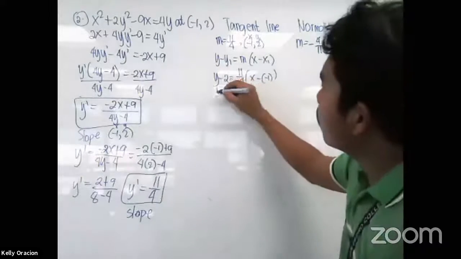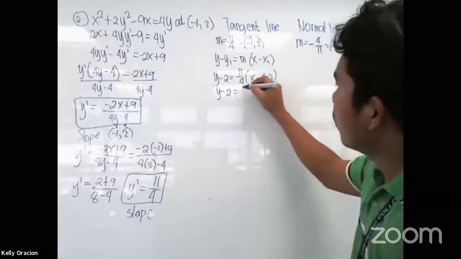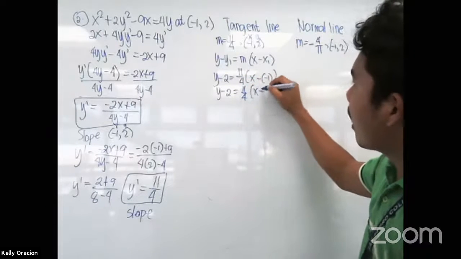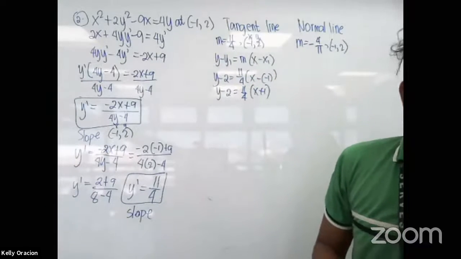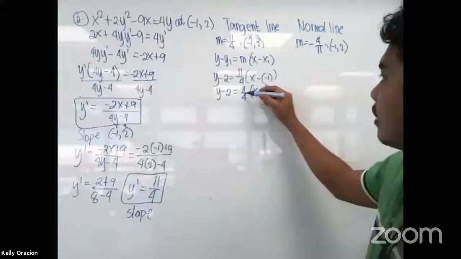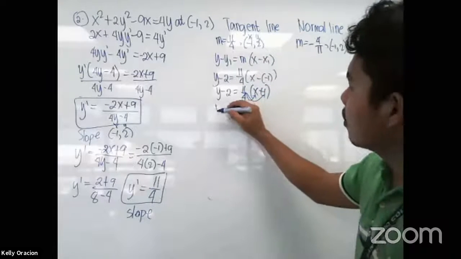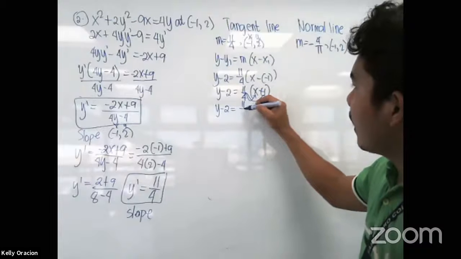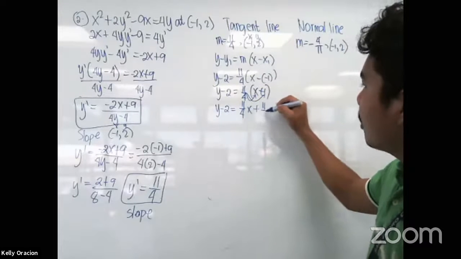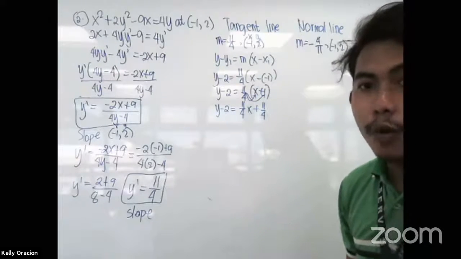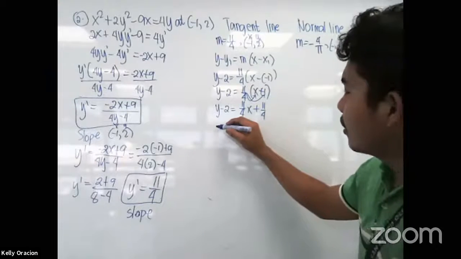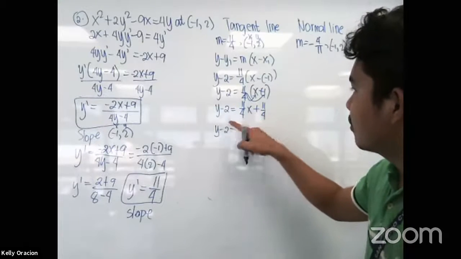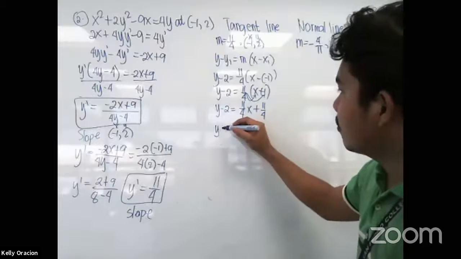So next, y minus 2 equals 11/4, x plus 1. Then distribute: y minus 2 equals 11/4 x plus 11/4, and you are going to combine like terms after.